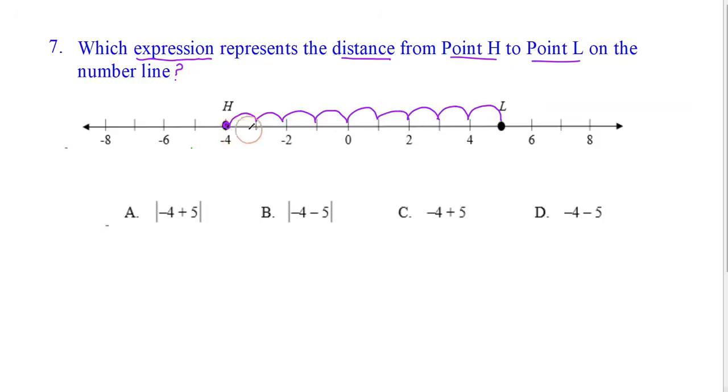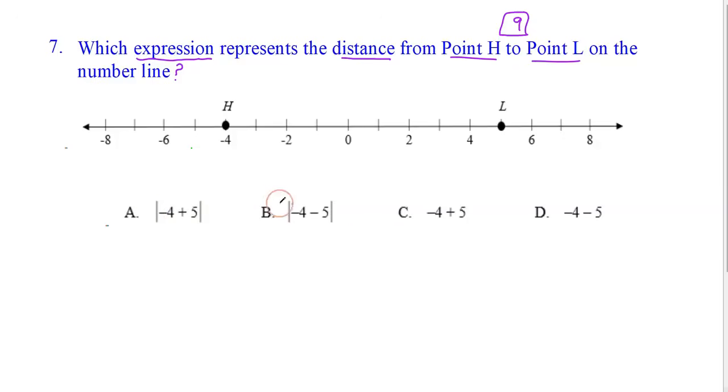So it's 9 units from point H to point L. I'll put that up here. So my answer has to be a positive 9. So whichever one of these answers gives me out a positive 9 will be my answer.